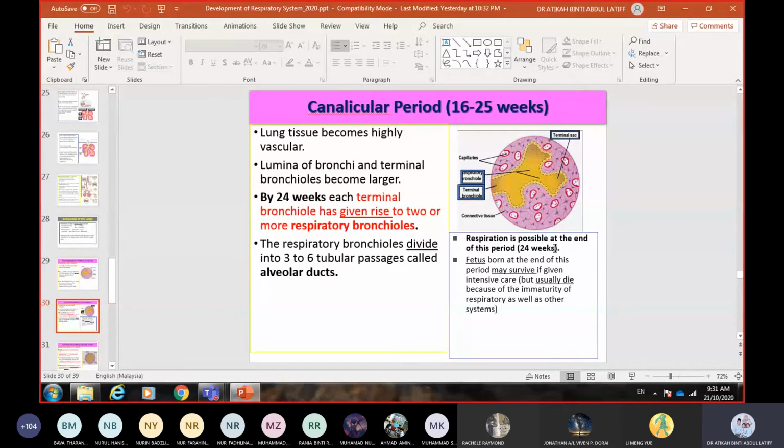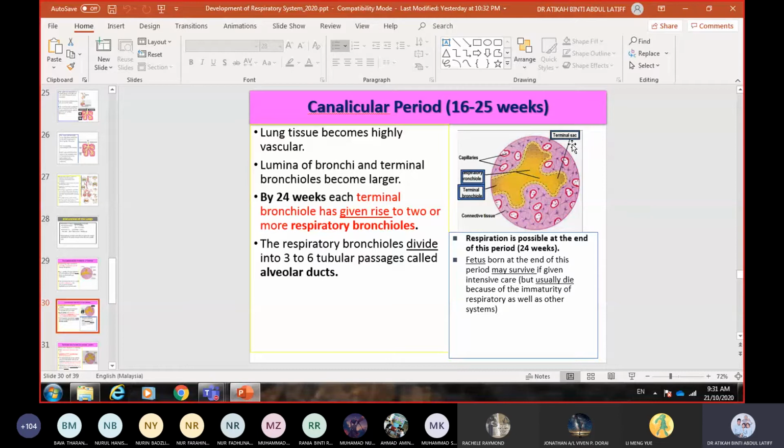However, they don't have enough surfactant and so on yet. So it's still an immature lung, but with proper intensive care support they can survive, because they already have the alveolar ducts. And they also already have pneumocyte 1 and 2, but very premature.